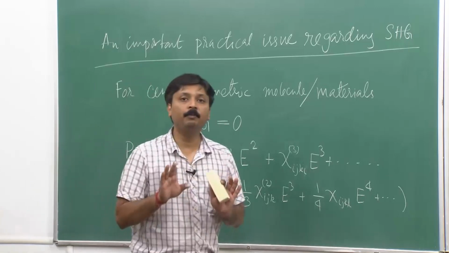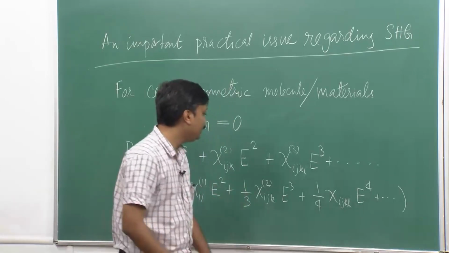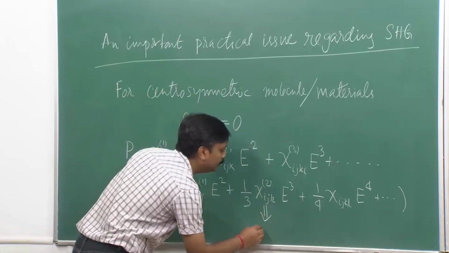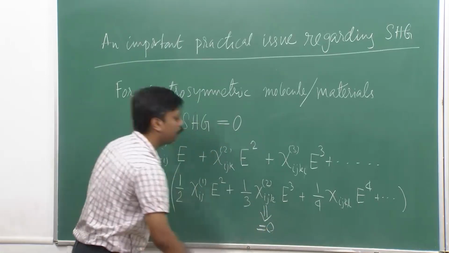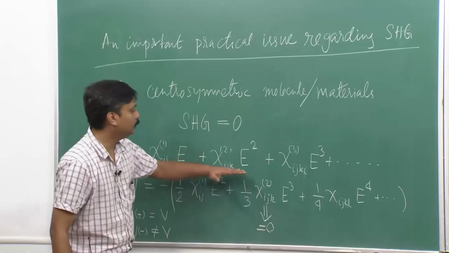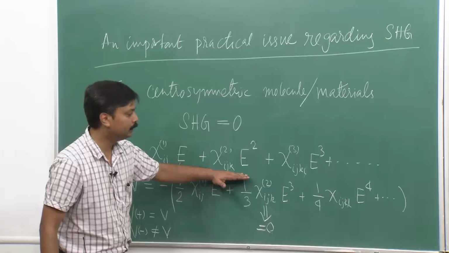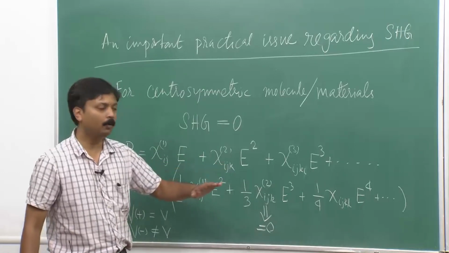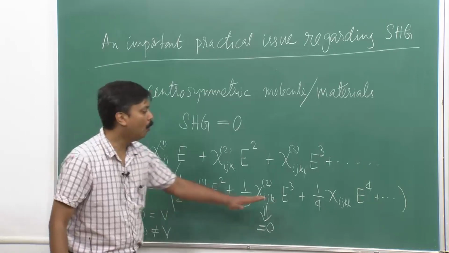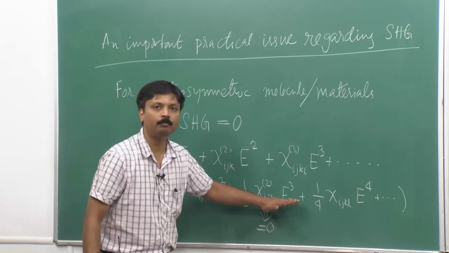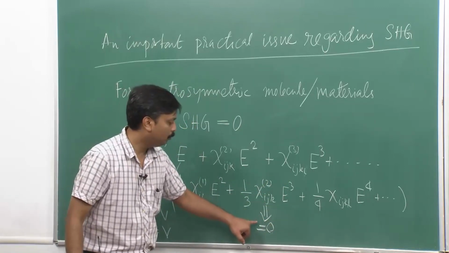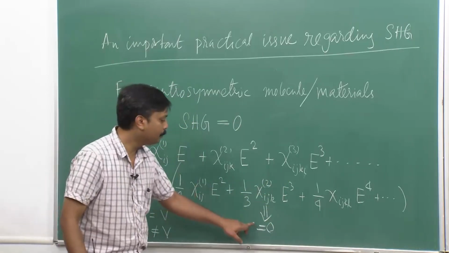The contradiction will be removed if and only if this quantity is equated to 0. That means chi ijk, which is associated with the second order process, if it is 0, then in the potential energy term all the odd powers of electric field will vanish. Let me correct it slightly.